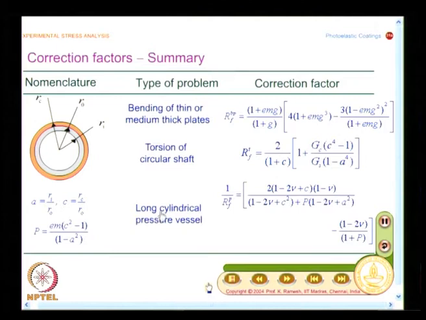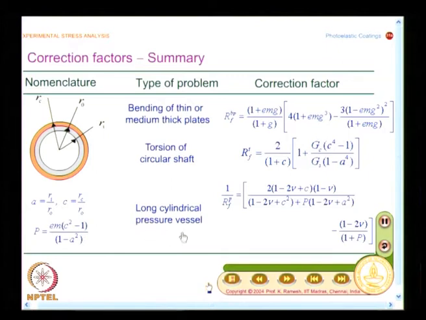And when you look at the correction factor for long cylinder pressure vessel, they are very important when you are looking at tubing, not for large pressure vessels. You have heat exchangers where you have tubing, and for these tubes people have analyzed, and particularly in the nuclear industry you have to be very careful.